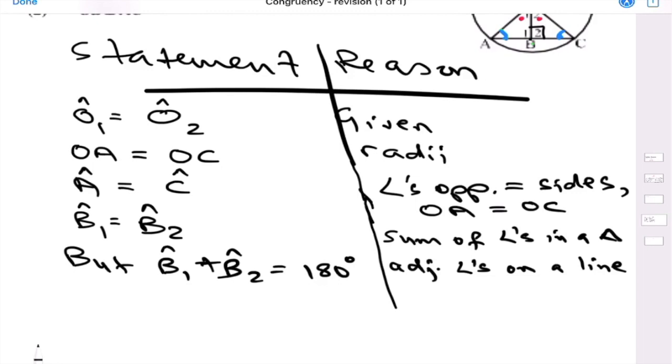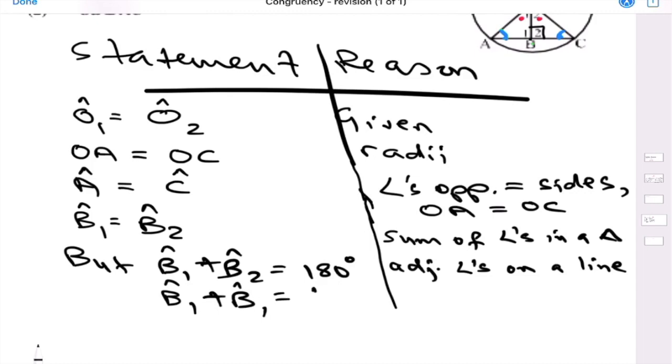We just said that B1 is equal to B2, but B1 plus B2 is equal to 180. Now the fact that B1 is equal to B2 means that I can actually replace B1 with B2 or replace B2 with B1. So instead of writing B1 plus B2, I can actually write B1 plus B1. Remember, B1 and B2 mean the same thing.